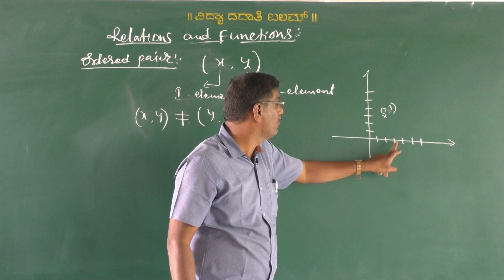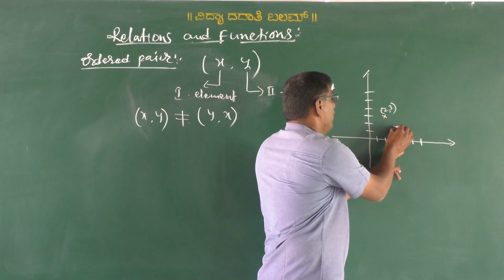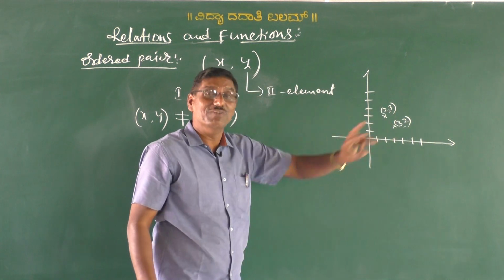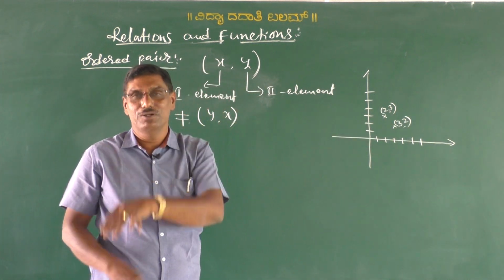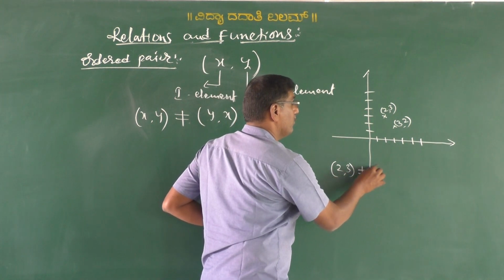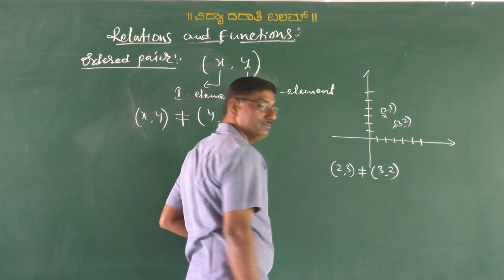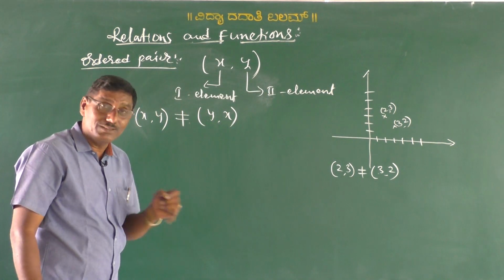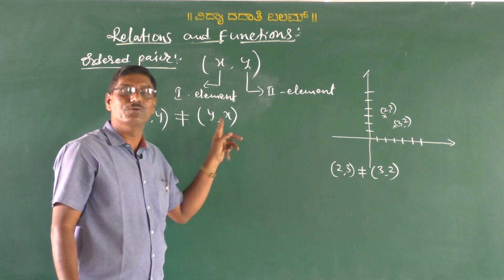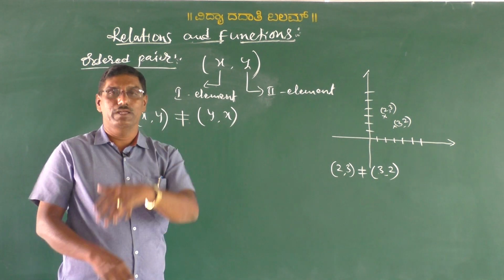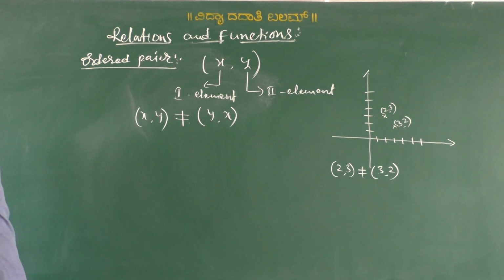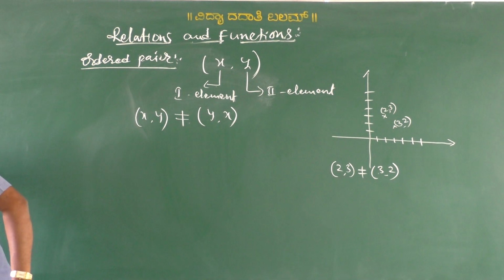But for (3, 2), this is the point (3, 2). Here (2, 3) is different from (3, 2). That means (2, 3) is not equal to (3, 2). Isn't it? Hence ordered pair (x, y) is not equal to ordered pair (y, x). Do you understand? Yes. Now we have to move on, my dear students.